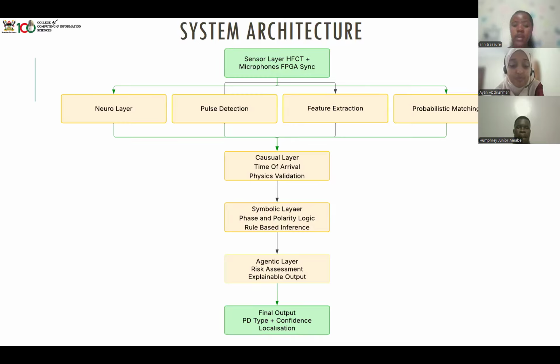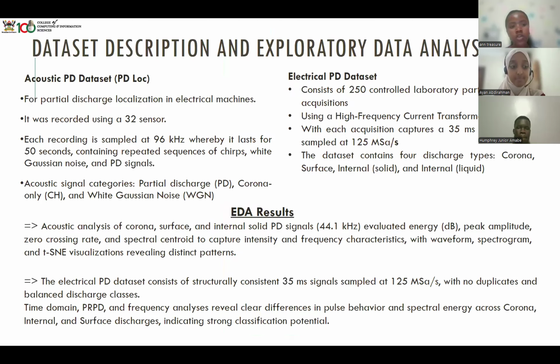In the symbolic layer, we apply rule-based knowledge based on the physics domain, whereby if a certain wave has a particular shape, we can say that it belongs to surface partial discharge or corona partial discharge. In the agentic layer, we aim to explain the results that we get, and in the final output, we aim to output the partial discharge types, the confidence, and the localization of where the partial discharge has taken place.